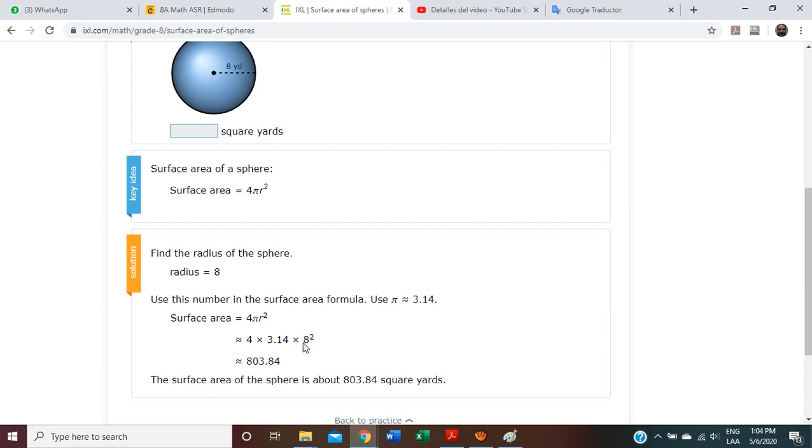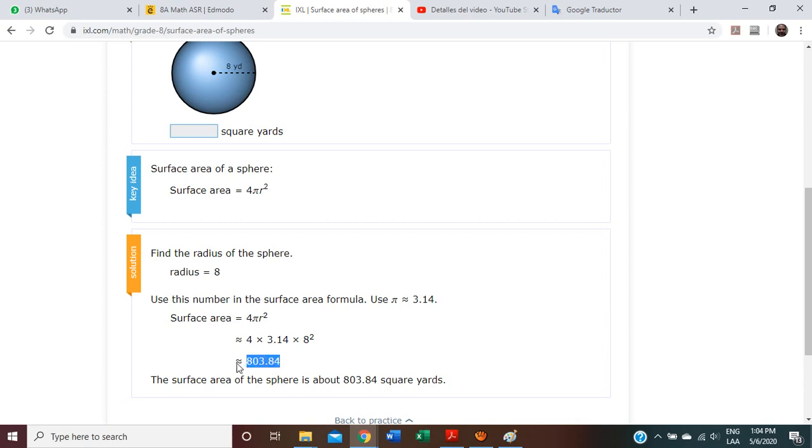If we elevate the radius to the power of 2, it is going to be 64, because 8 times 8 equals 64. Did I say 62? Sorry. 64 times 3.14, and then the result, we're going to multiply by 4, and we're going to get this result.